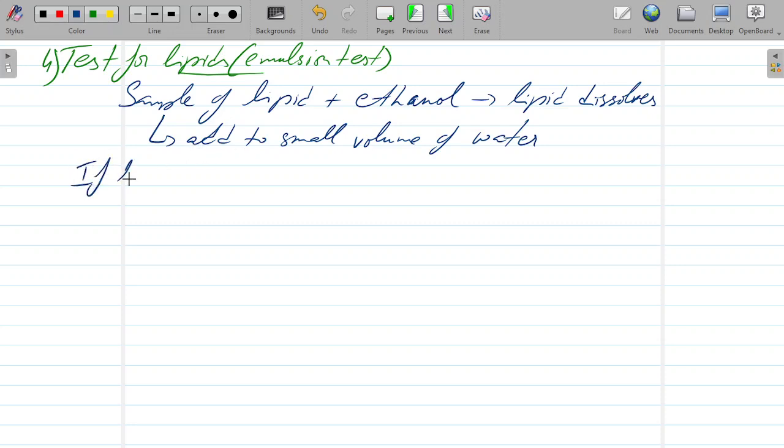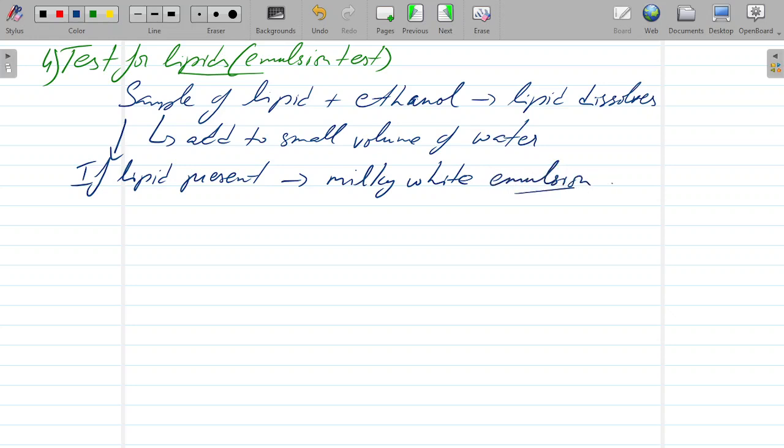So if a lipid was present, it will give you a milky white emulsion. And then, okay, fine. What is an emulsion? An emulsion, it's a mixture of two liquids that don't normally mix.